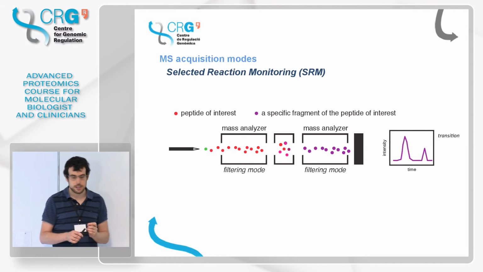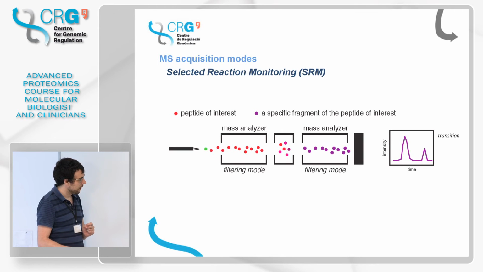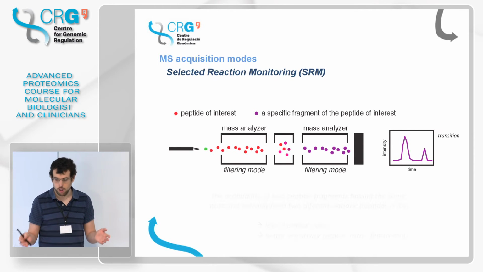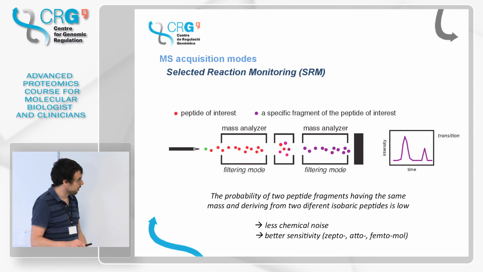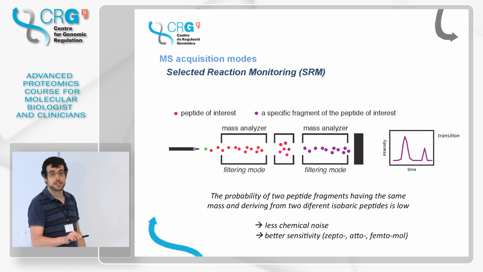This double filtering allows me to get rid of other interferences, because the probability that two peptides have fragments with the same mass, so that both were able to pass this filter, or peptides that have exactly the same mass, is very unlikely.